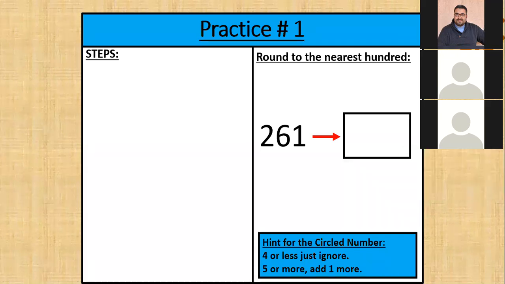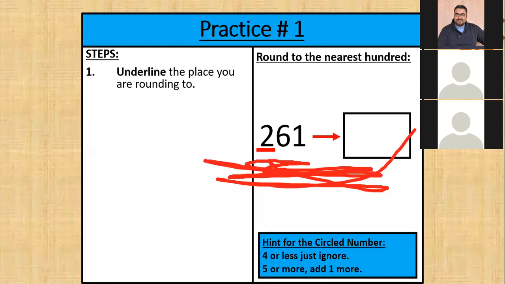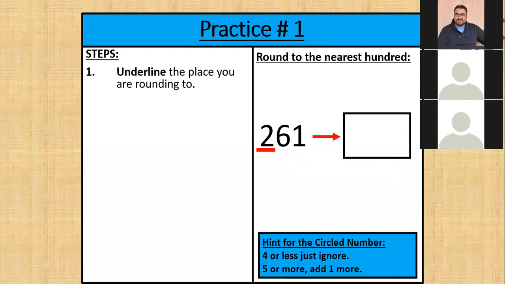We will put a line under 2. Okay, I will write here. Please stop writing. We'll put a line under 2, and circle 6.